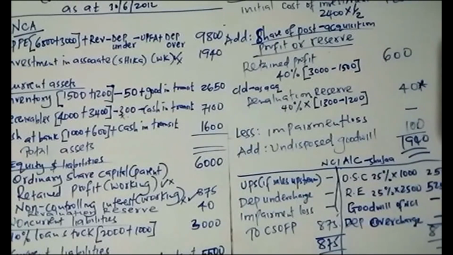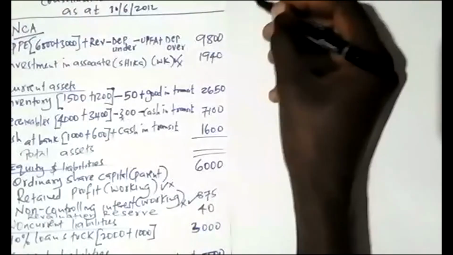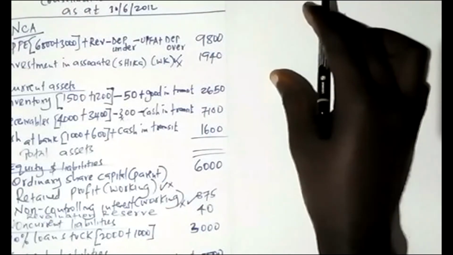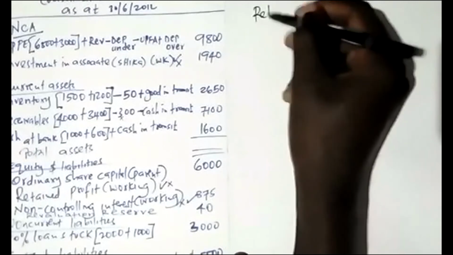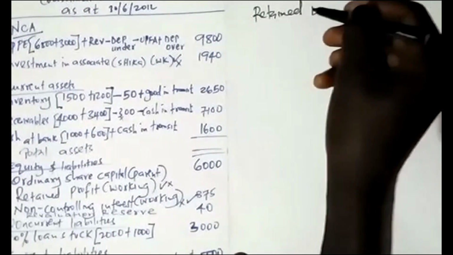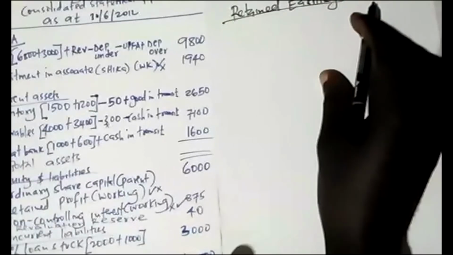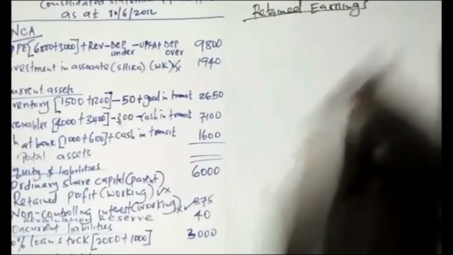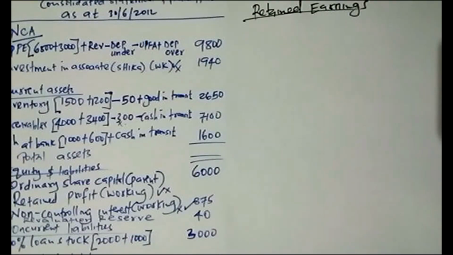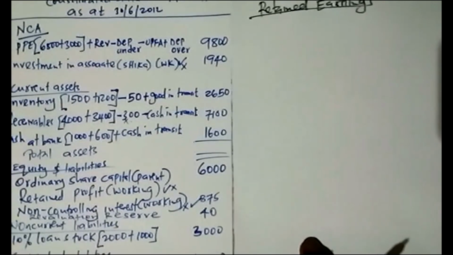Then let us finish now with the retained earnings. This one is the same as the statement of changes in equity. If you are told to do the statement of changes in equity, the same thing I will be doing here is what you could have done.